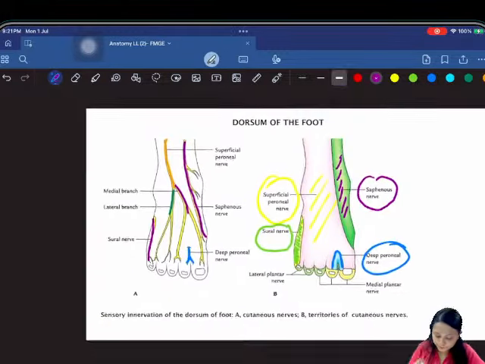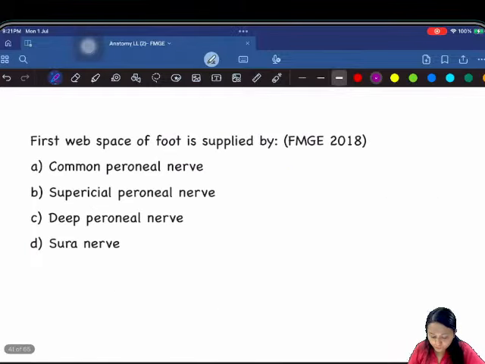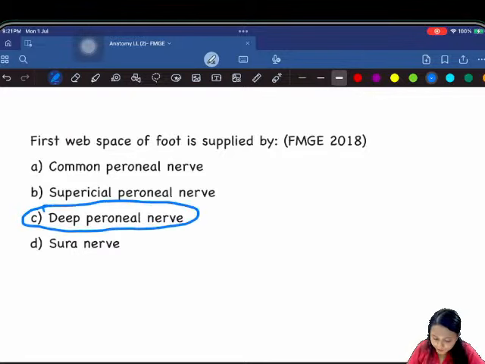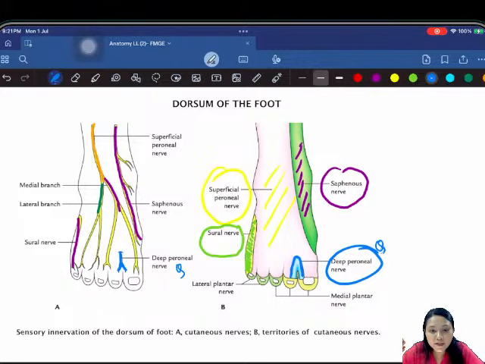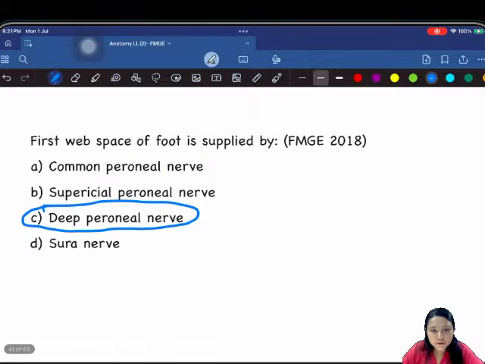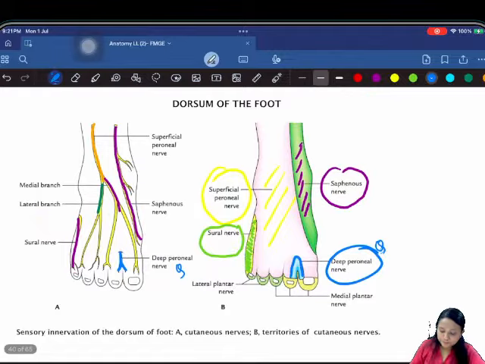Okay, so the question came in 2018 that the first web space of the foot is supplied by... you already know what the answer is. It is supplied by the deep peroneal nerve. As you can see, the first web space is supplied by the deep peroneal nerve. The question has already come. That's why I'm again and again asking. Whenever there is an exception, wherever you get an exception, the question will come on that only. Okay? So the first web space is supplied by the deep peroneal nerve.